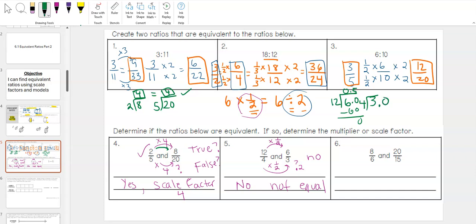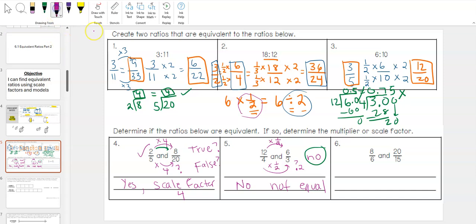And this one is 0.75. Those are not equal to each other. Therefore, it is not equivalent.